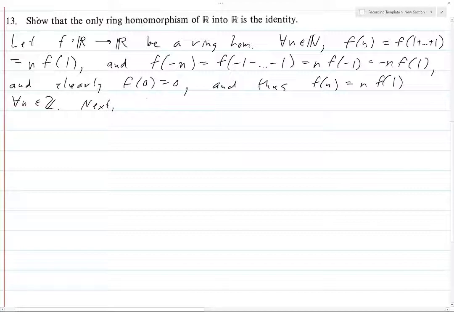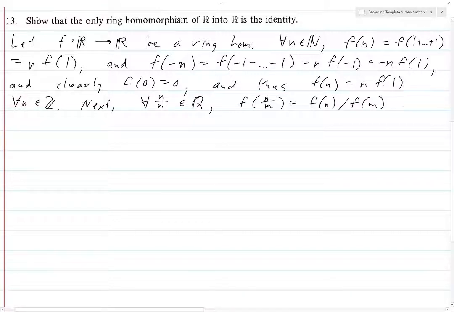Next, for all n over m in Q, so of course n and m are integers and m is not 0, and it's reduced. f of n over m is f of n divided by f of m, because this is a homomorphism, or you could write this as f of n times f of m inverse.